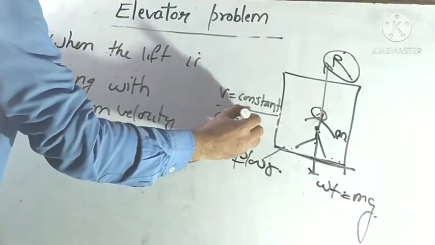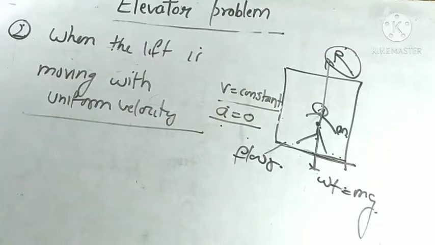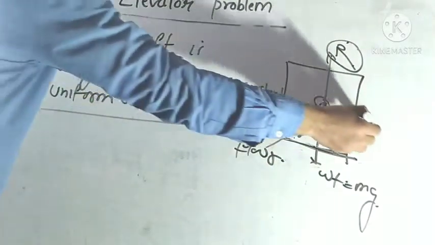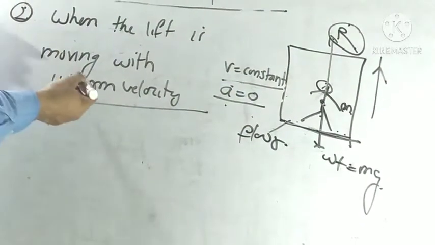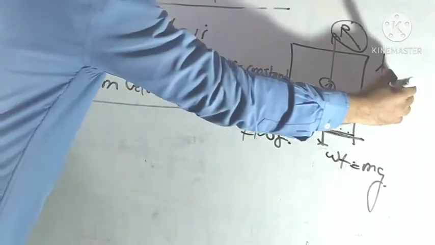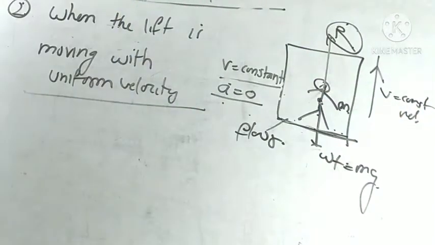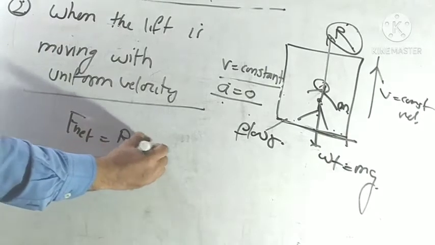Then acceleration is equal to 0. There are two forces working on this body, and the body moves in the upward direction with constant velocity. The net force working on this body will be R minus mg.